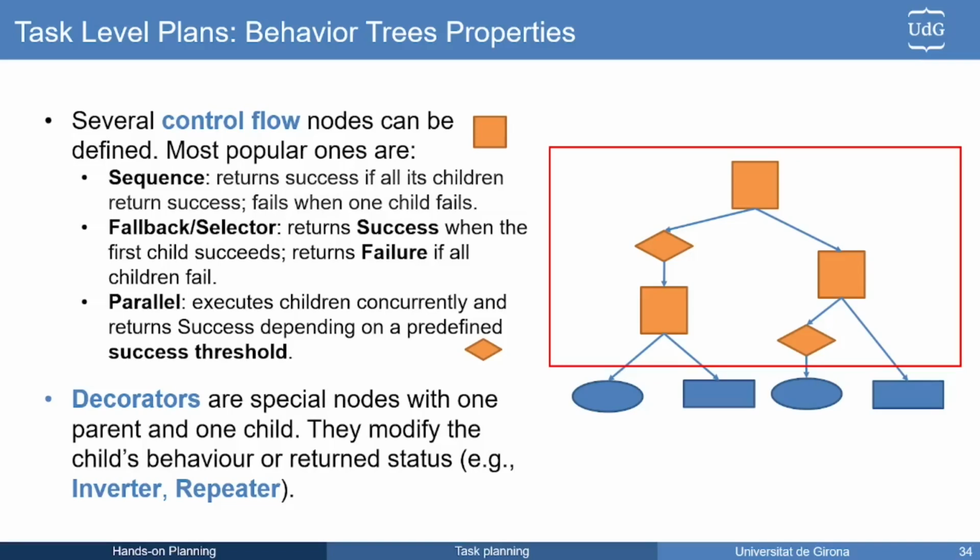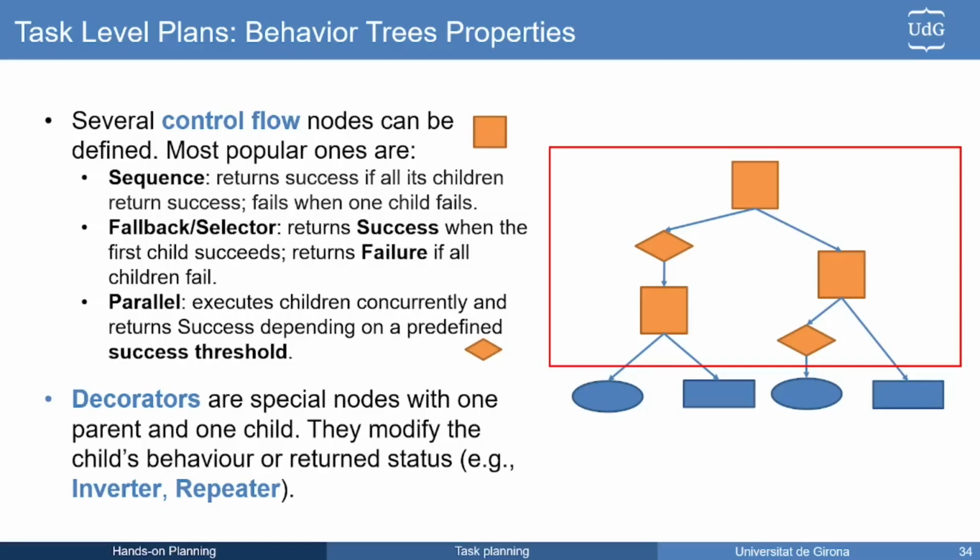And if after 10 times it is still a failure, then yes. But during those 10 times, no. To do that, I either need to put a fallback with 10 times the same behavior, which is not very nice, or I can just put this simple decorator that says repeat 10. And then it runs that 10 times, or until a success happens.